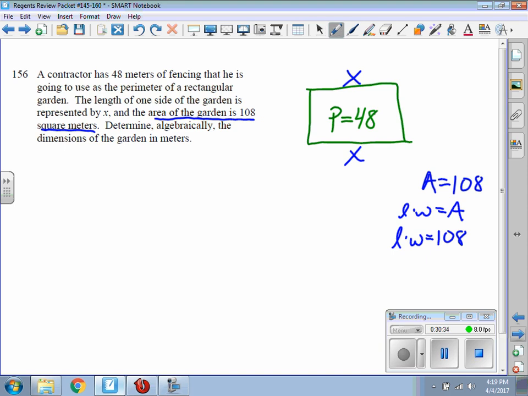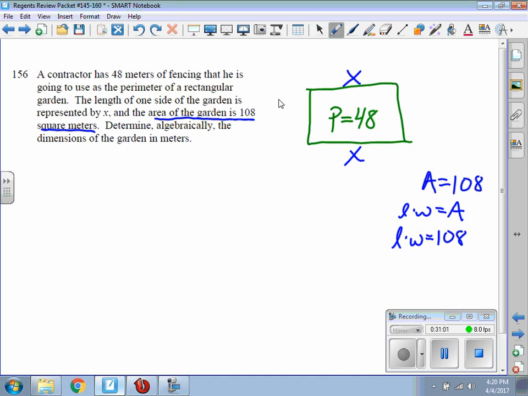All right, well, if we've got the perimeter is 48. Okay, the perimeter is 48. So now I need to figure out, okay, how do I write these expressions? Well, if the perimeter is 48 and two of the sides are x, we need to figure out what are the other two sides.